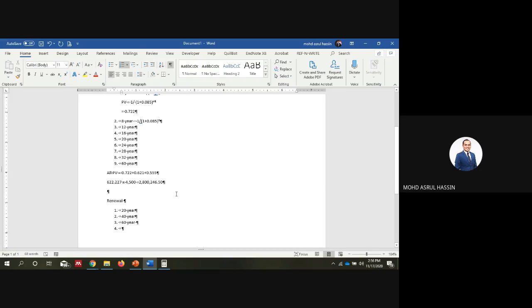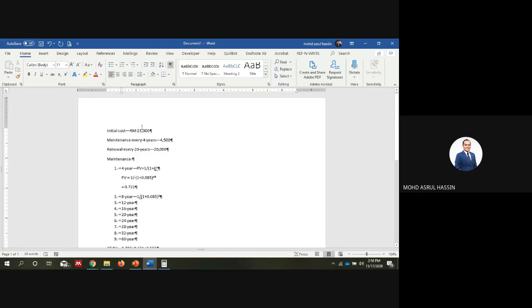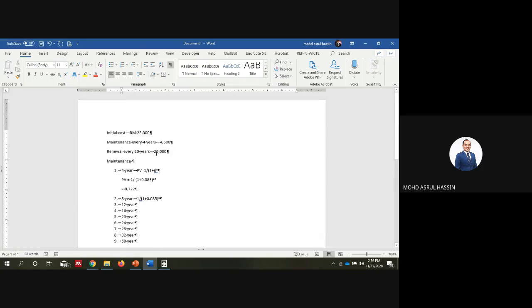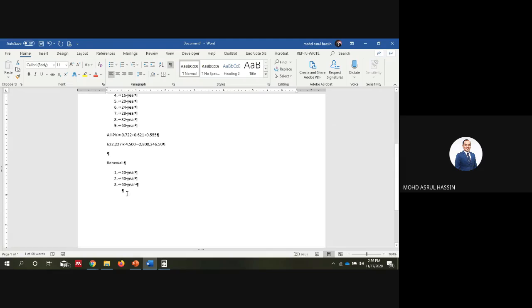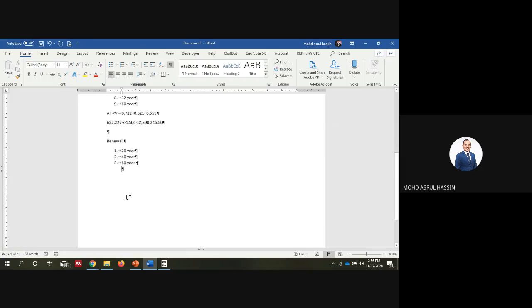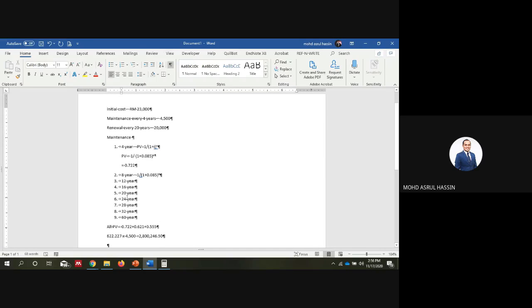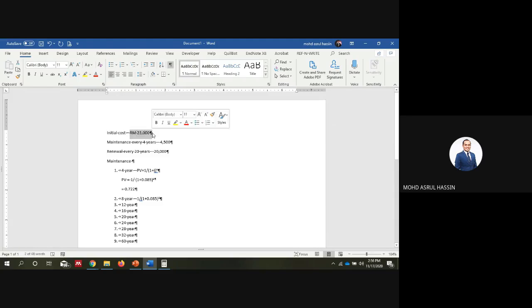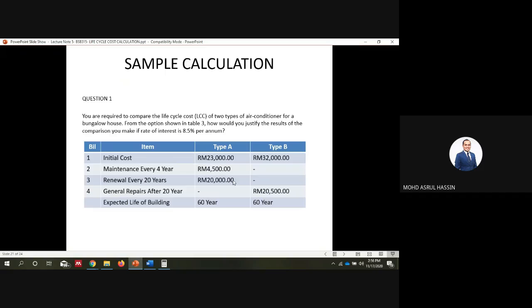Okay, so you calculate the PV, and then you sum all the PV and then time with the value of the renewal every 20 years. Okay, and then after that you got all the calculation, and then you plus the initial cost, and then you can get the cost for the type A, and then after that you calculate for the type B.